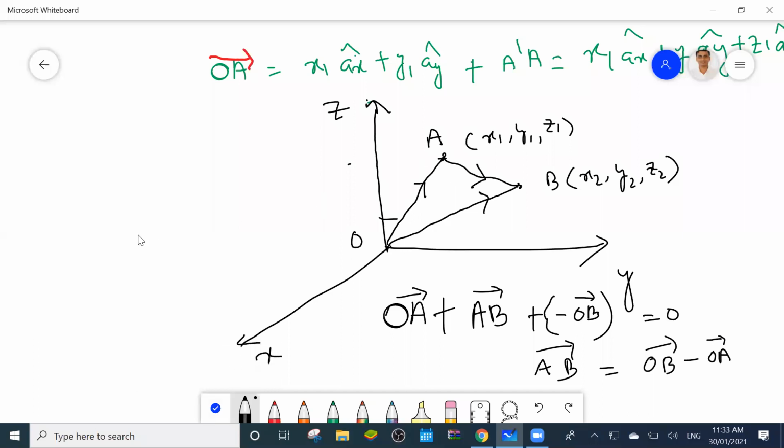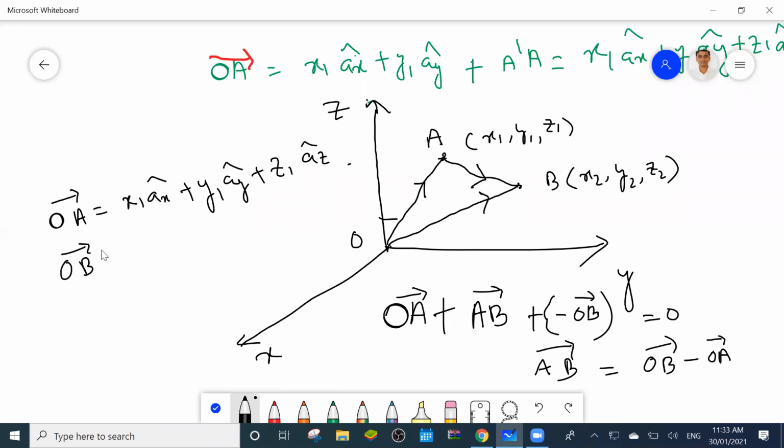In the position vector OA, if x, y, z coordinates are given, I can write x1 x cap plus y1 ay cap plus z1 az cap. Yes or no? OA value is this one or not?